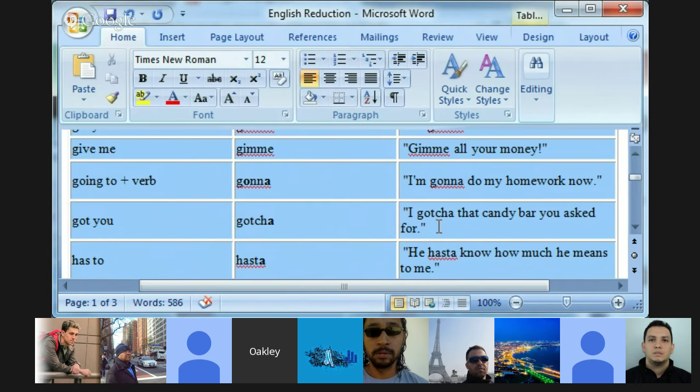I got you that candy bar you asked for. Mustafa's very careful about correctly pronouncing asked, which you did perfectly. Good job. But it's a very difficult SKT sound. Asked for. Those two sudden glottal stops are very difficult.